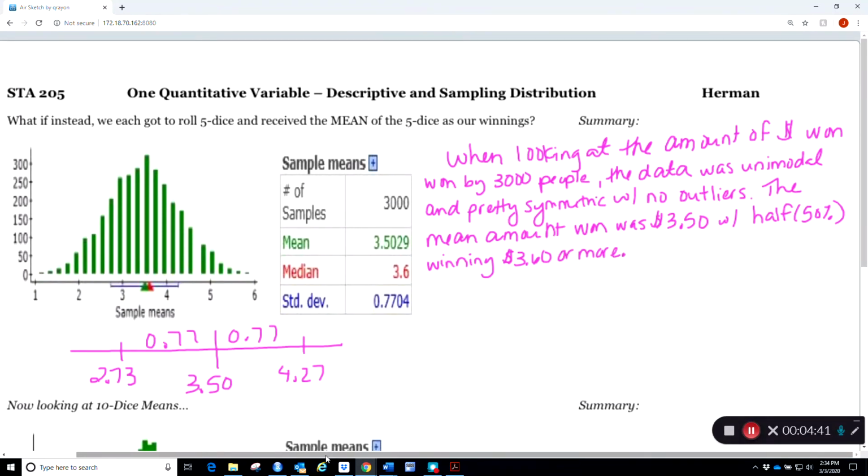So there's our center taken care of. And then finally our typical person won between our $2.73 and $4.27 that we had over here, which is roughly about, let's see, here and here. So again, typical person, not everybody.